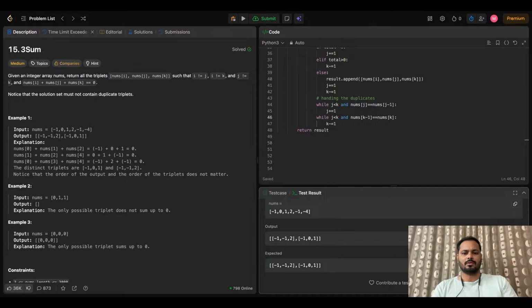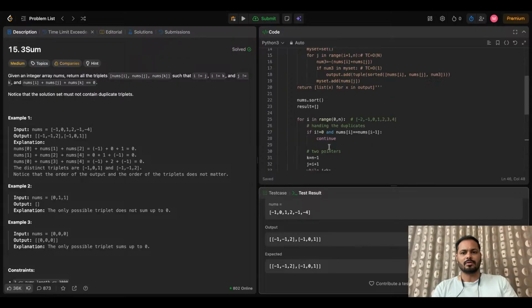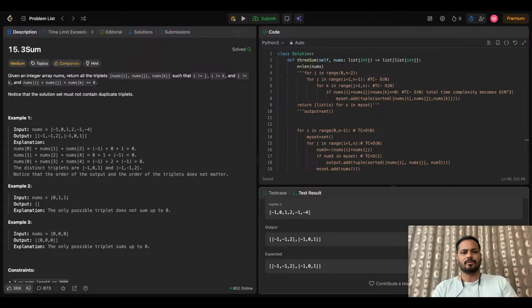Now it is accepting. Output is this: -1 2 -1, 0 1. Yeah. Okay, guys, so we have got the output after thorough brainstorming.